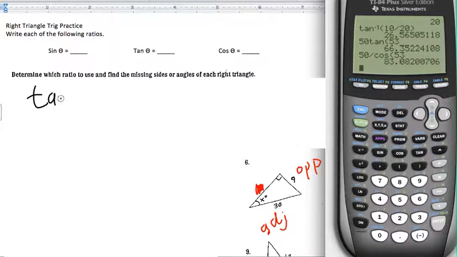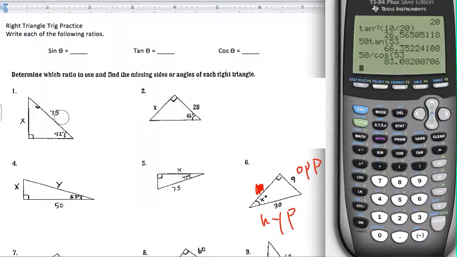So this says tangent x equals, oh my goodness, hold the presses. I've gotten so far ahead of myself. This is the hypotenuse. Sorry about that. That's the hypotenuse. This is not going to be a tangent problem.